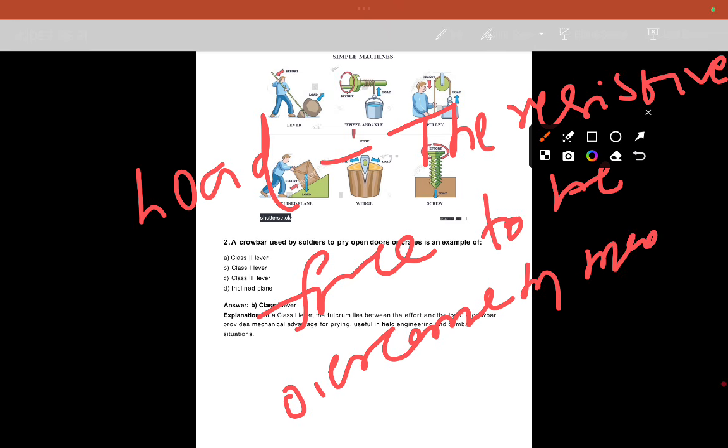Resistive force we call load. So the resistive force to be overcome by the machine is the load.